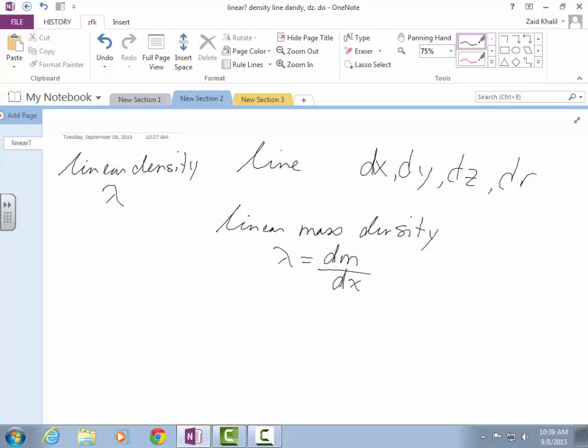Similarly, if we're dealing with linear charge density, what would that correspond to? Lambda equals dq/dx.